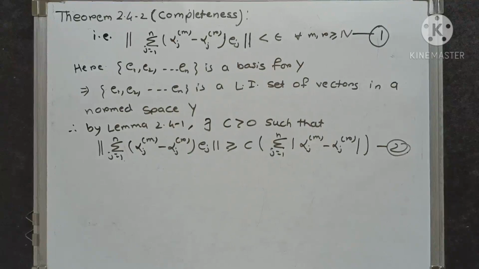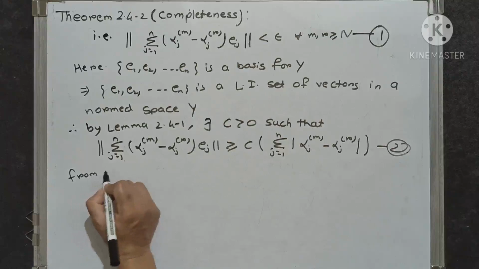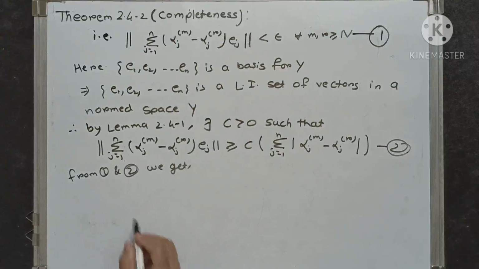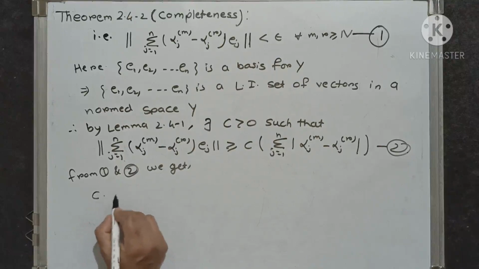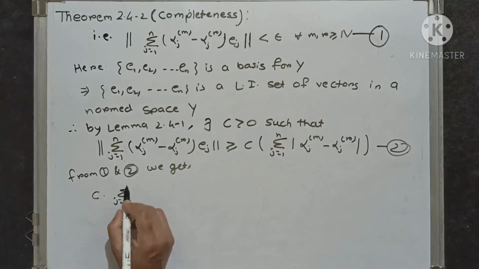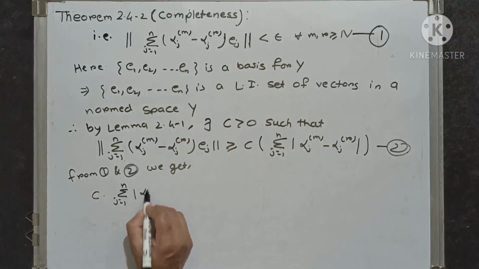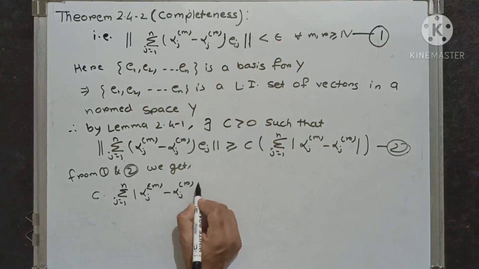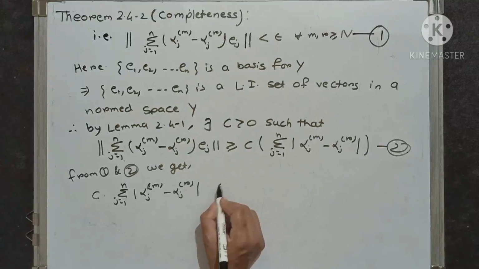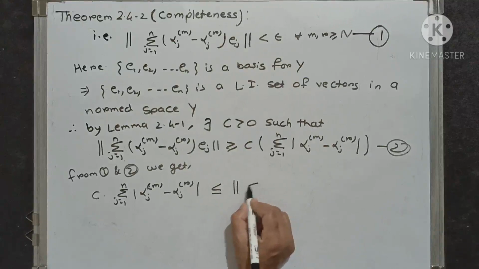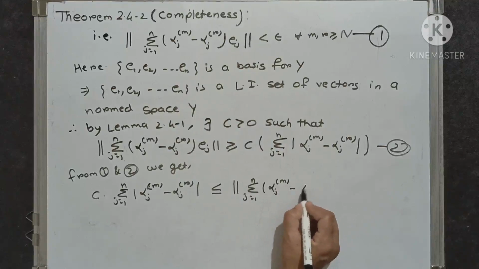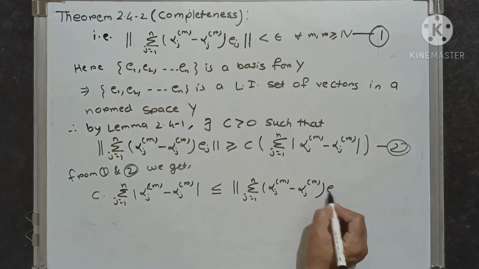Now from equations 1 and 2 we get c into summation j running from 1 to n mod of alpha_jm minus alpha_jr is less than or equal to norm of summation j from 1 to n alpha_jm minus alpha_jr into e_j.